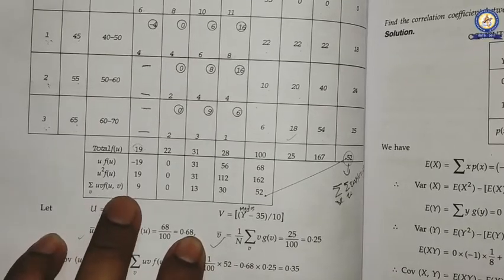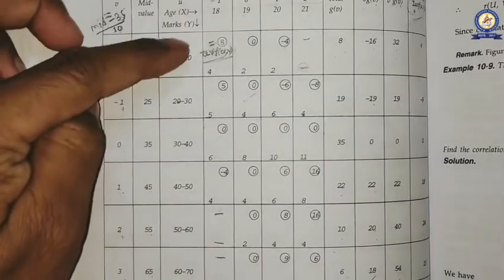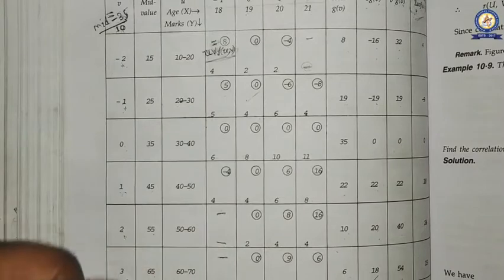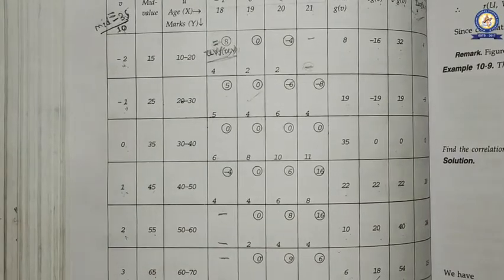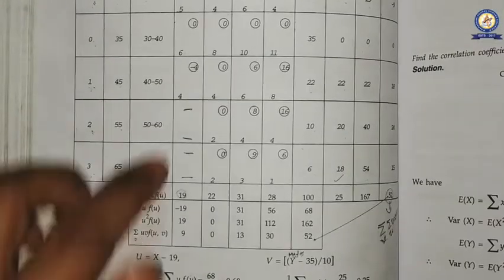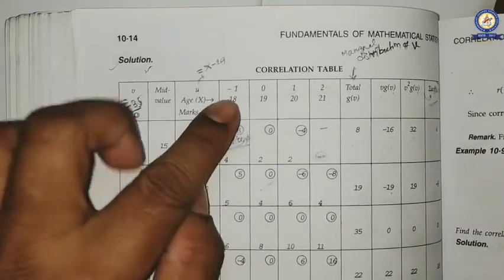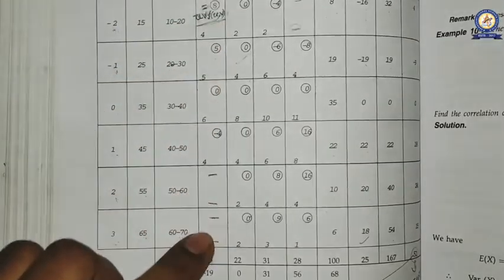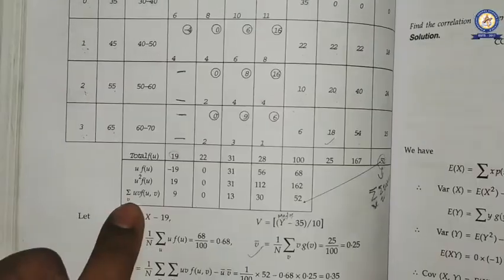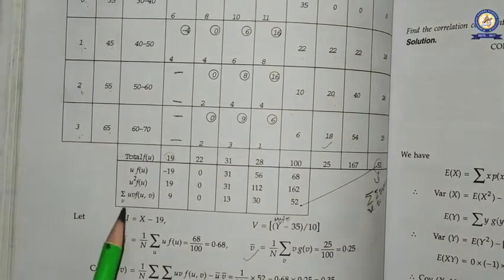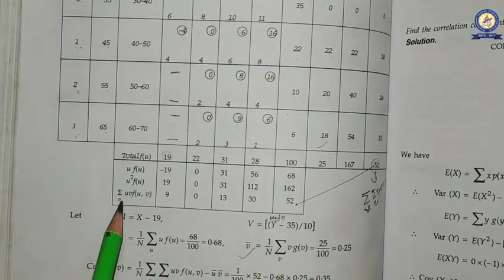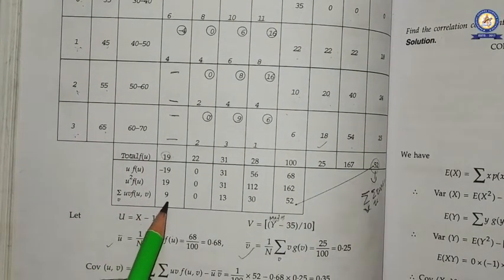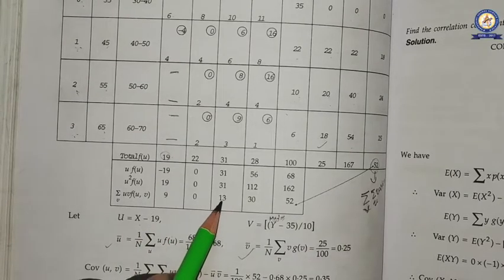See, if we are going to consider these values, this will be the summation over v, because here u is a constant value, and we have to consider the variation of v. So the summation over v of uv f(uv) will be 9, 0, 30, 1, 3, 13 and 30.